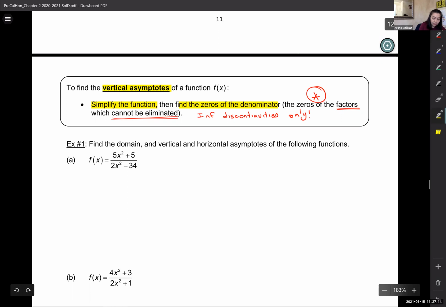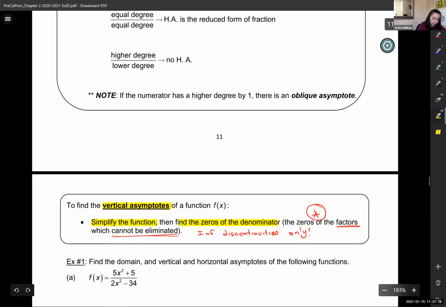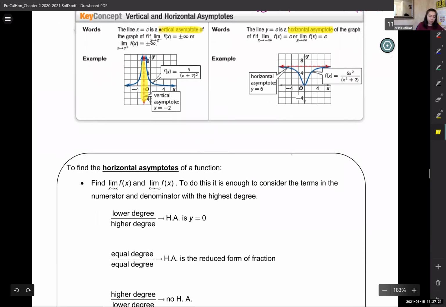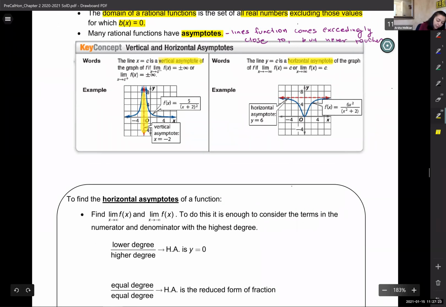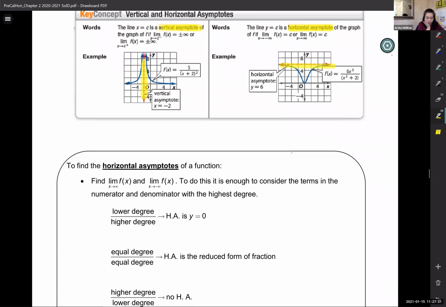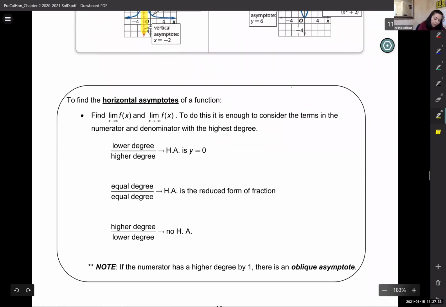Now, let's talk about horizontal asymptotes. There are 3 cases for the horizontal asymptotes. Look at this graph here. Look at how that horizontal asymptote looks, right? They could look all sorts of different ways. All right.